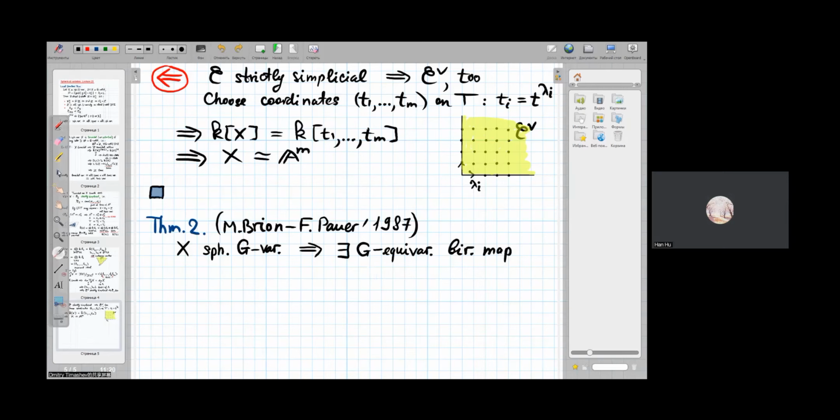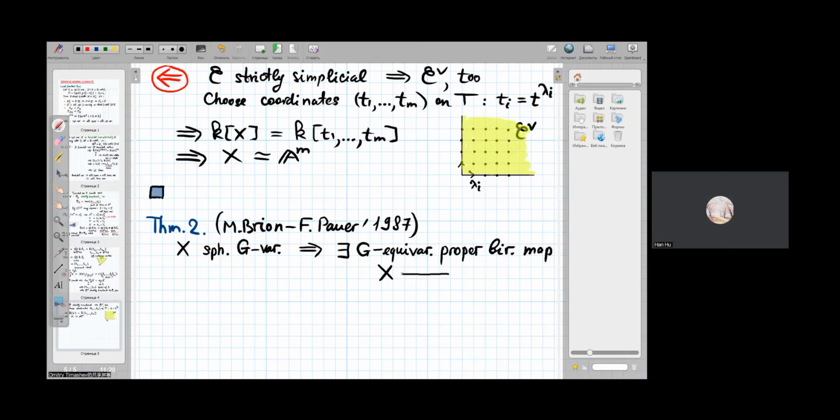Let me insert it here. A G-equivariant proper birational map onto X. What does proper mean here? Well, proper in the sense of algebraic geometry. I mean that it is universally closed. Oh, that it is closed. I remember that. Okay.